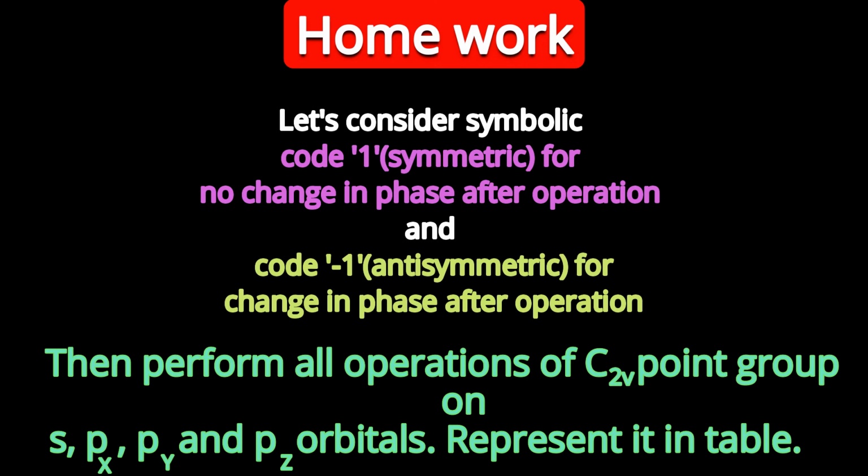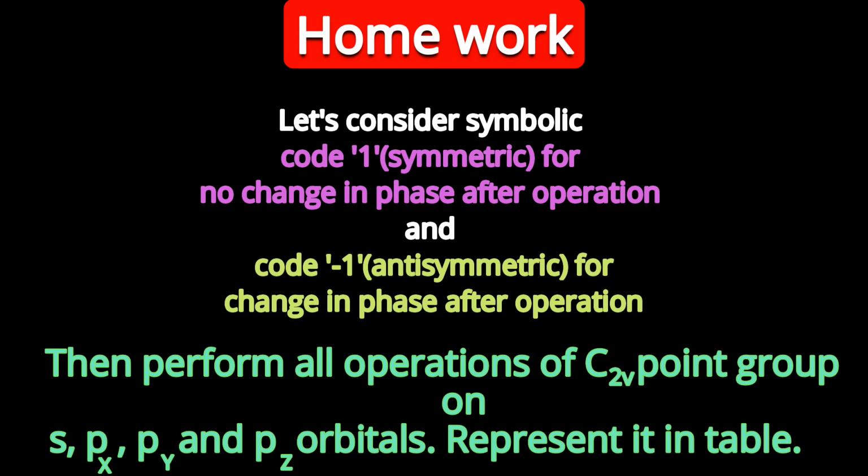Now, homework for you. Let us consider code 1 means symmetric, for no change in phase after operation, and code -1 for antisymmetric, means there is a change in phase after operation.